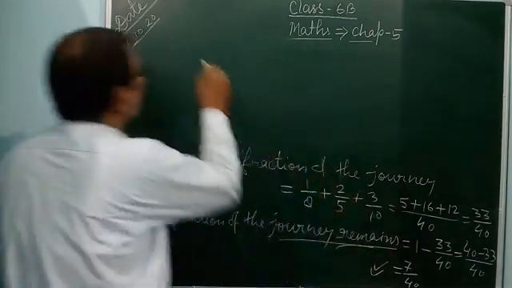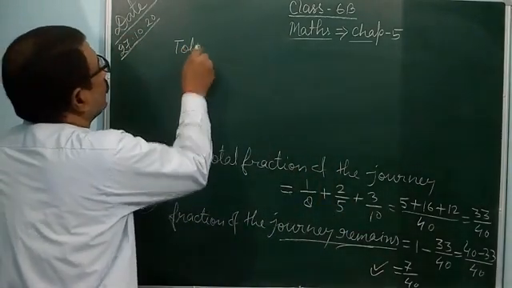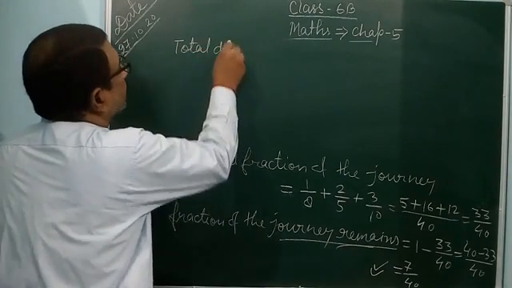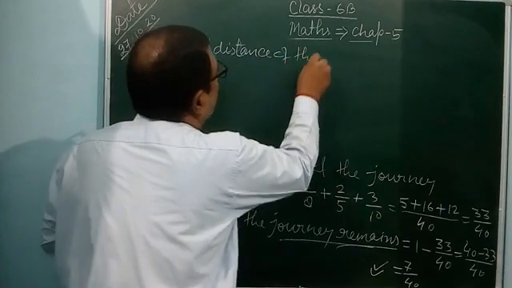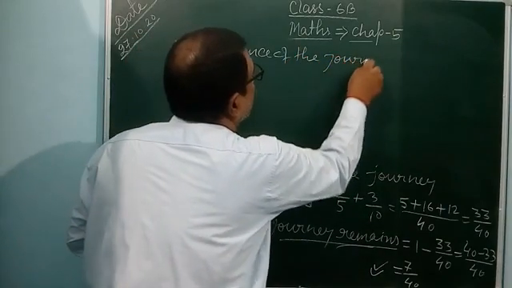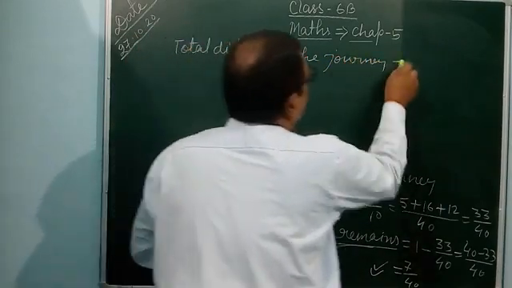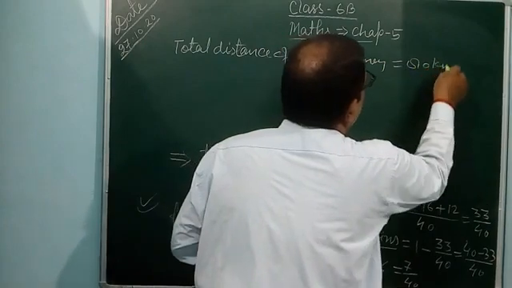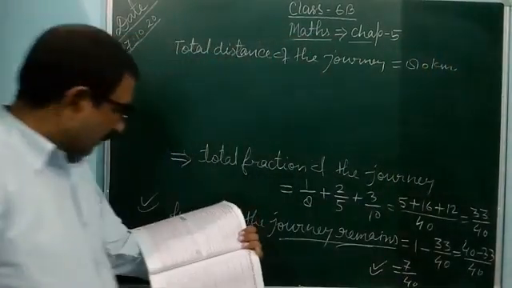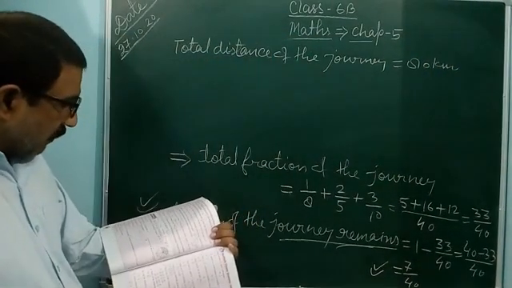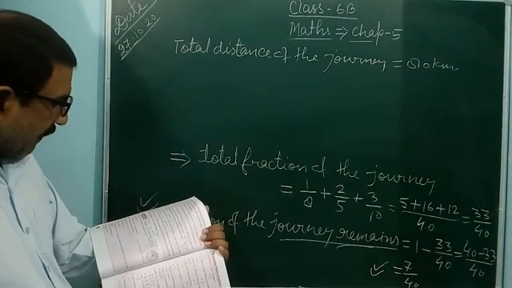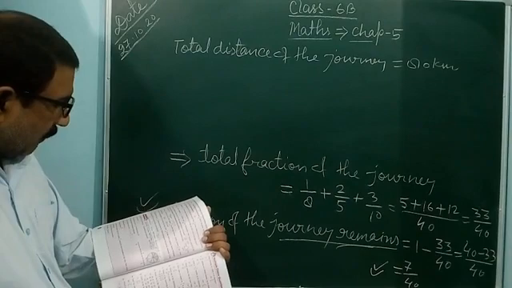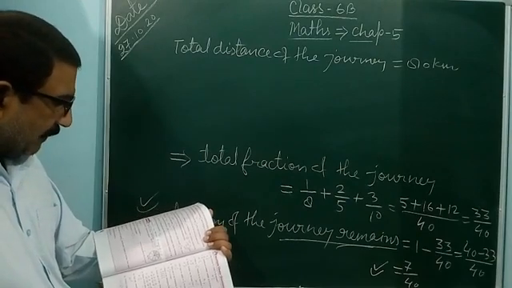It is given that the total distance of the journey is equal to 80 kilometers. So there are three intervals: one before breakfast, second between breakfast and lunch, third between lunch and tea.